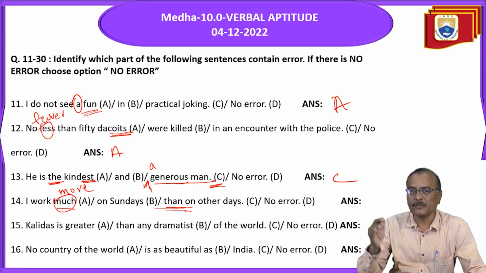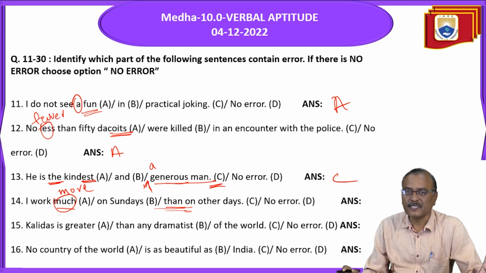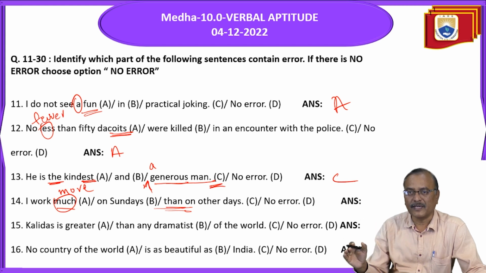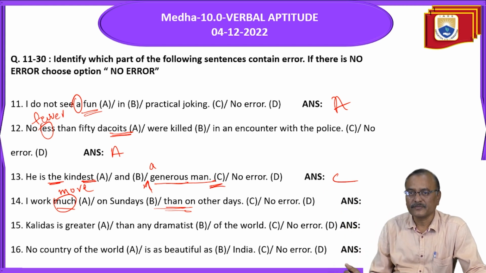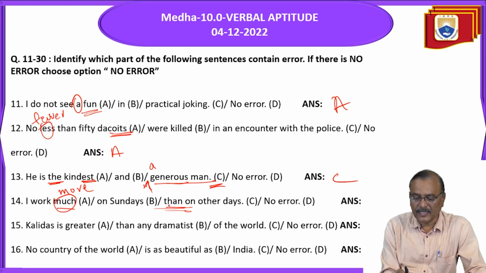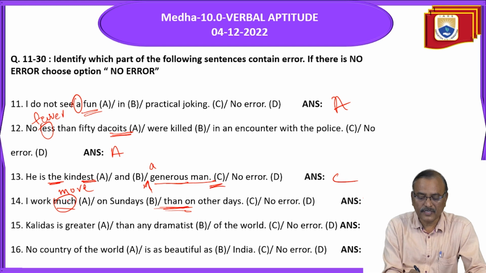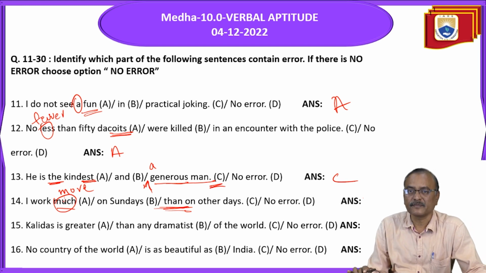Much is used in positive degree, more in comparative, most in superlative, right? Than is there, no? We use than only in comparative degree. So what is the answer here? A. We should use more in the place of much.